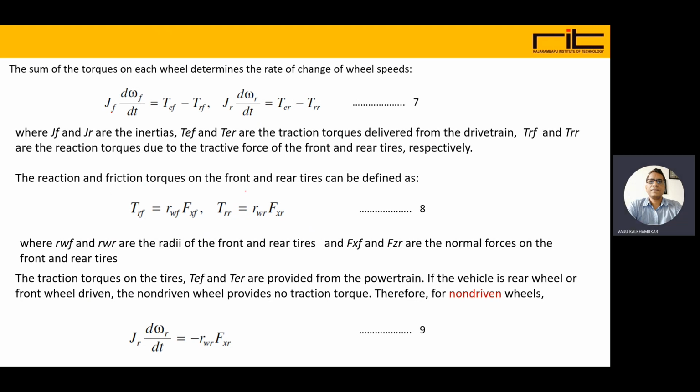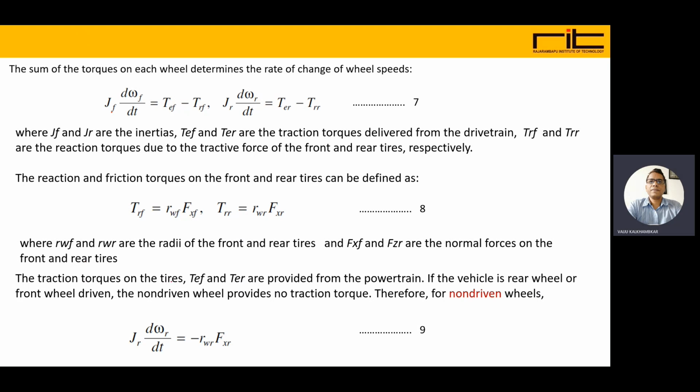The reaction and friction torques on the front and rear tires can be calculated now. Trf is equal to r_wf into Fxf, and Trr is equal to r_wr into Fxr, where r_wf and r_wr are the radii of the front and the rear tires, and Fxf and Fxr are the tractive forces acting on the front and rear tires.